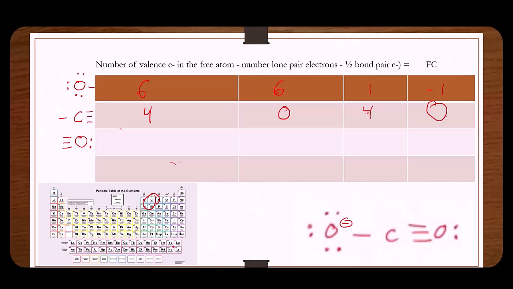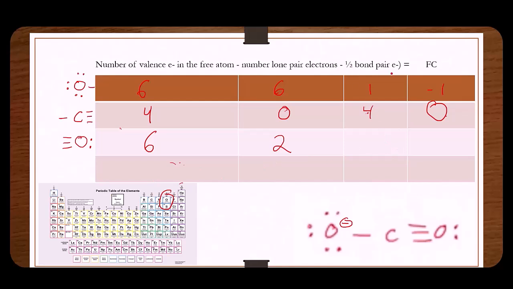In the last oxygen, we can find the number of valence electrons in the free atom by going to the periodic table. Oxygen's in group 6, so it has 6 valence electrons. It has 1 set of lone pair electrons, so it has 2 valence electrons for that. And it has 3 bonds. Each bond has 2 valence electrons, so that would be a total of 6 valence electrons.